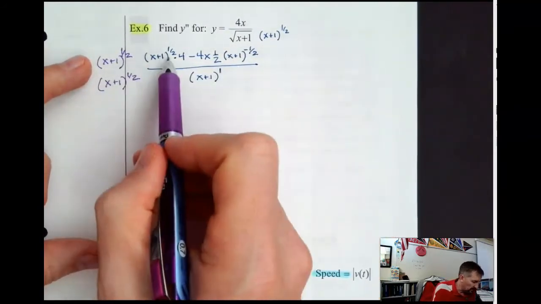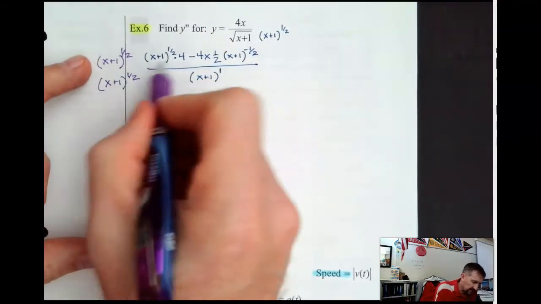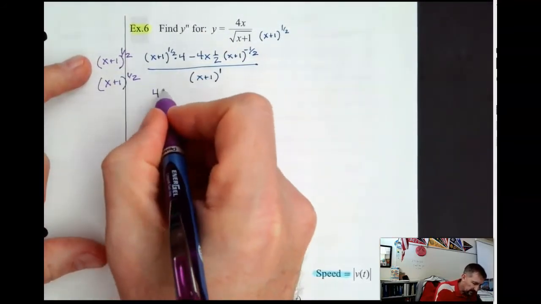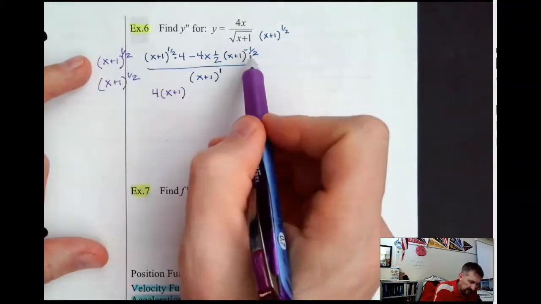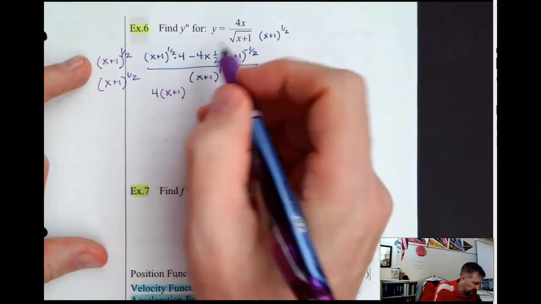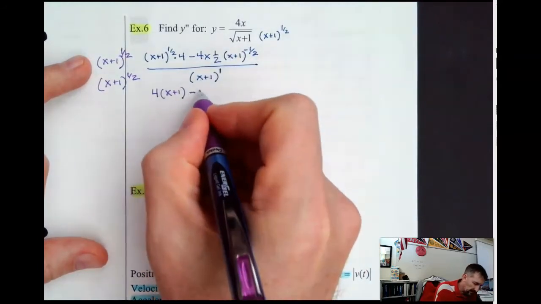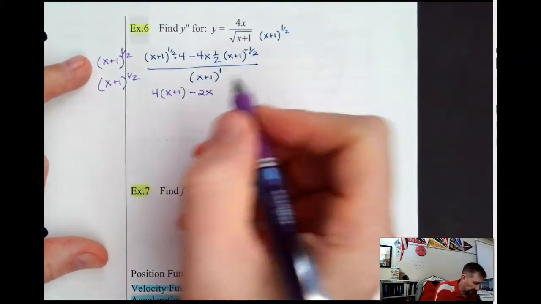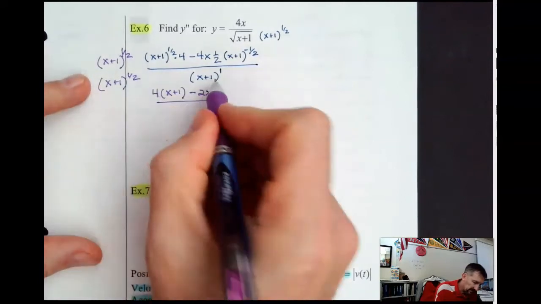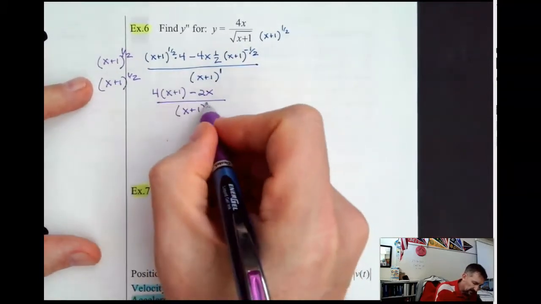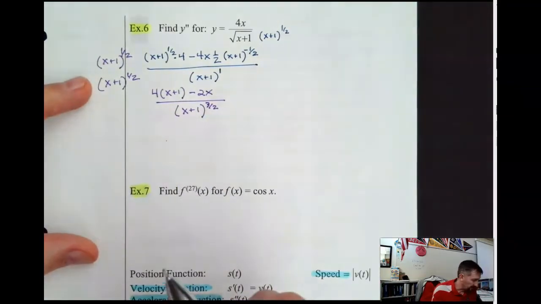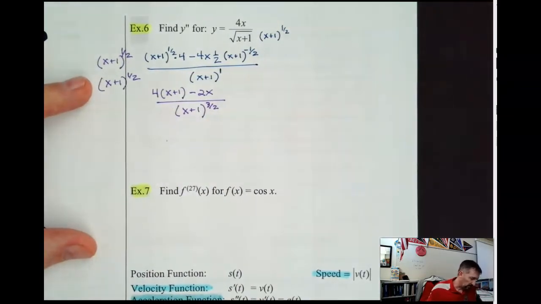So if I multiply that across, here, that's just going to become 4 times x plus 1. Here, those cancel. Half of 4 is 2, so that's just going to be minus 2x. And down here, if I multiply these two things together, I add the exponents, so that's going to be 3/2. And we're almost done there.